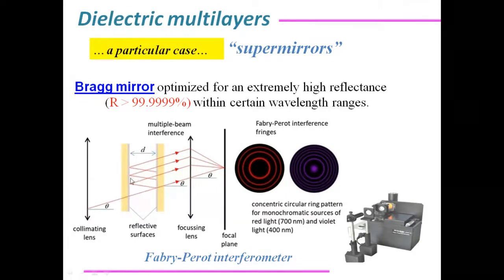If we vary this distance, the pattern changes, so we can use it to measure very small distances. Here is the experimental setup of a Fabry-Perot interferometer, with both reflective surfaces, the collimating lens, and here the focusing lens.